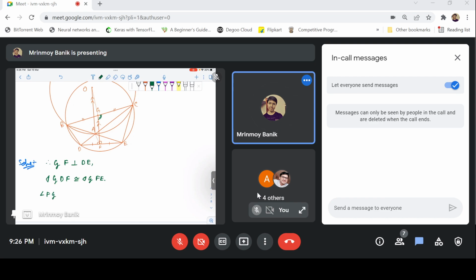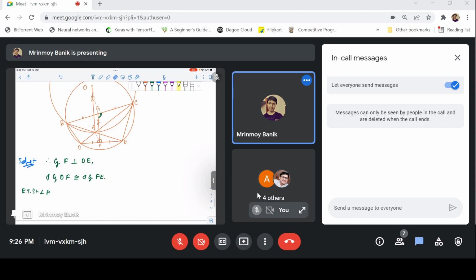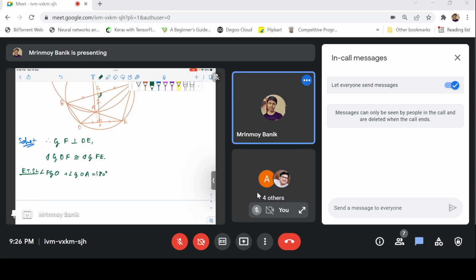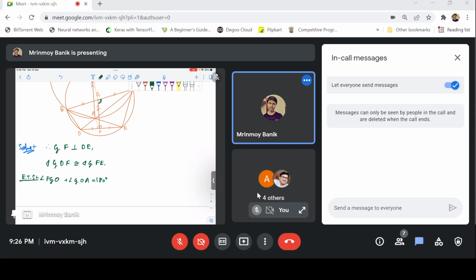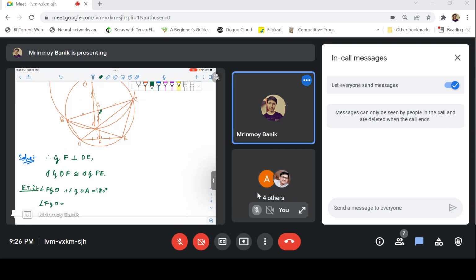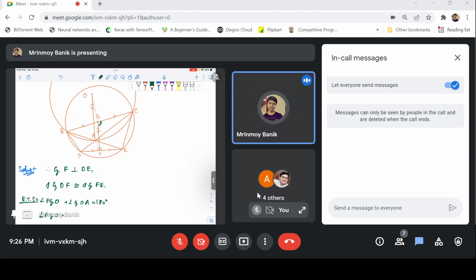So it's enough to show angle FGO plus angle GOA equals 180 degrees. So what is FGO? FGO is this angle.